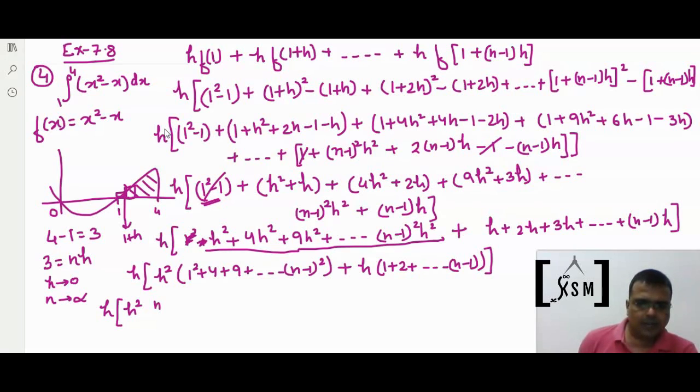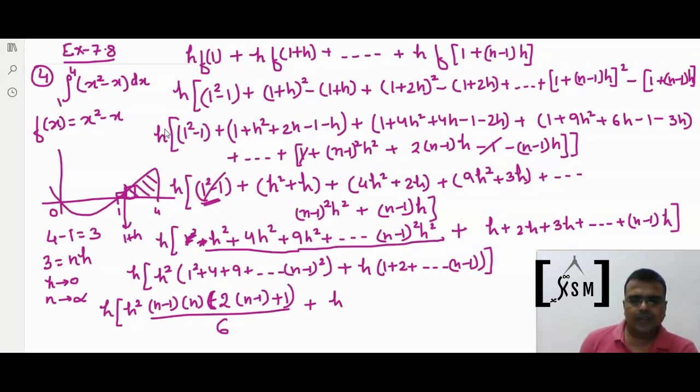So (n minus 1) times n times (2 times (n minus 1) plus 1) all over 6, plus, for this we are writing h taken out. This is the sum of n minus 1 natural numbers, so it is (n minus 1) times n over 2, right? Okay.